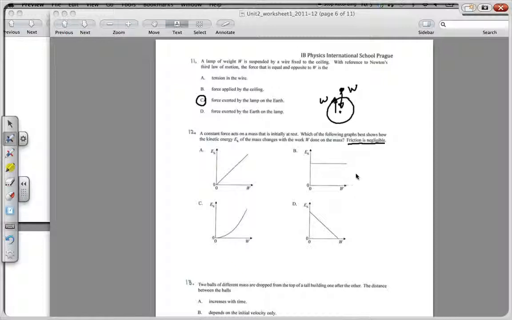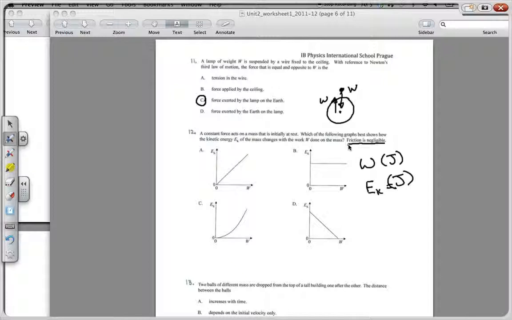So we're looking at the kinetic energy and the work. What we have to realize here is that work is measured in joules, and kinetic energy is also measured in joules. So all the work that is done on that block is being put into kinetic energy, because there's no energy loss to friction.